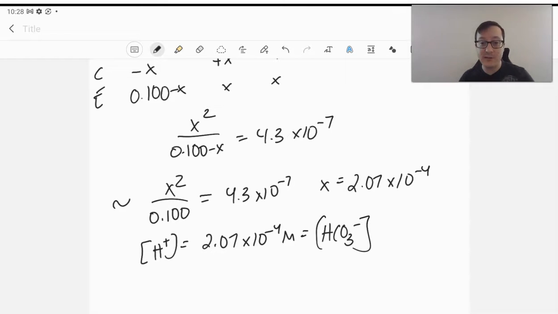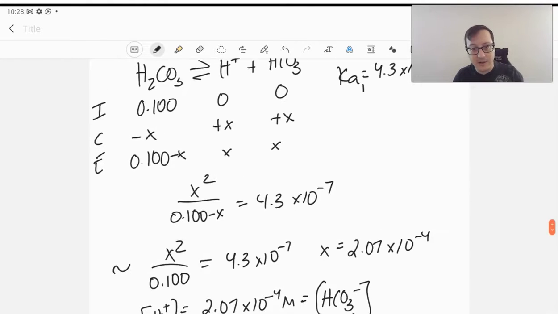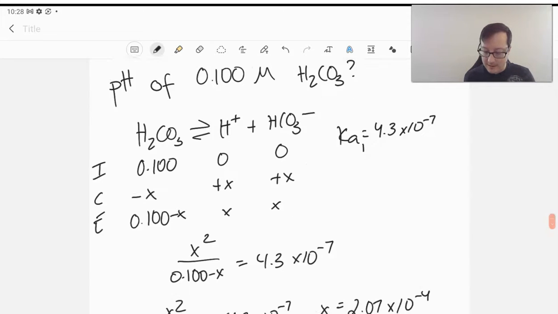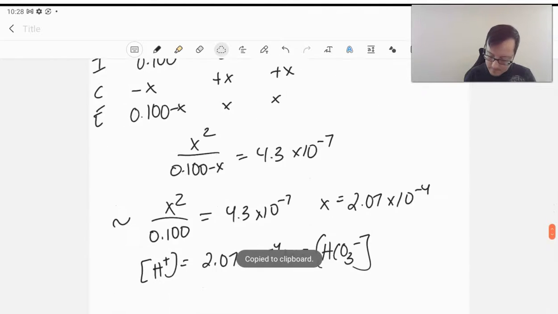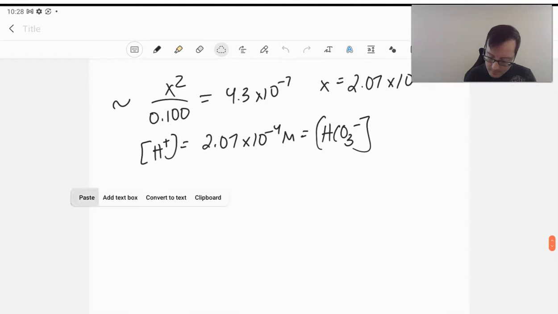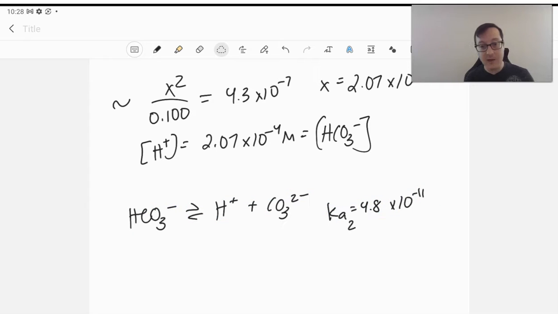It's 2.07 times 10 to the negative 4, because they're both x here on our ice table. All right, so that aside, now let's do the second dissociation. Let's take a look at that second one and see what we can do here. So now we have our bicarbonate ion dissociating into H plus and CO3 2 minus. This time we do have starting values.